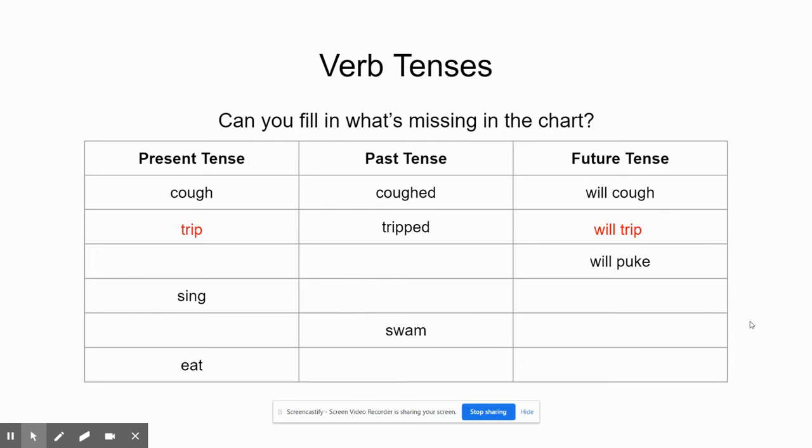How about the third one? What did you write for that? Puke, puked, will puke. Number four would be sing, sang, will sing.